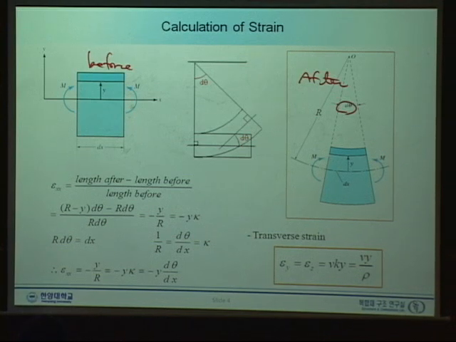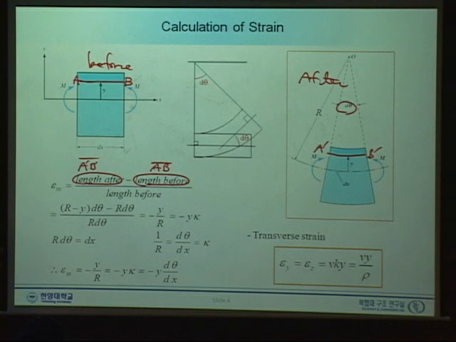The original length, let's say this is AB, is the length before deformation, and this is the length after deformation, A prime B prime. So the length after means the length of A prime B prime, and the length before means the length of AB.